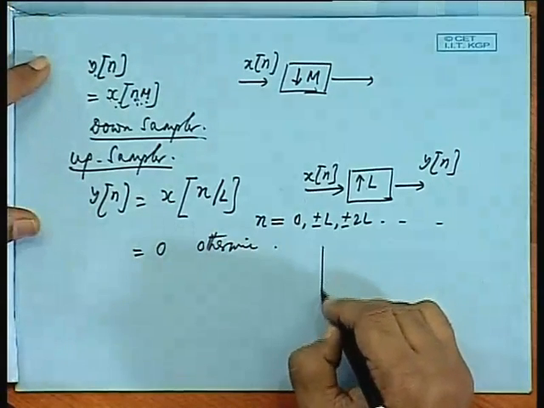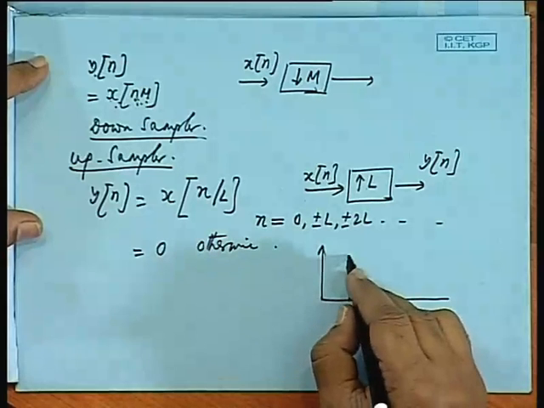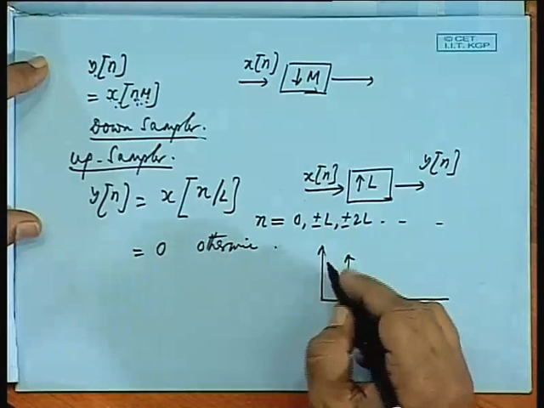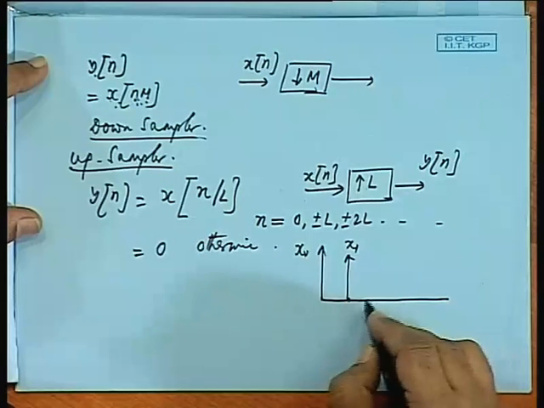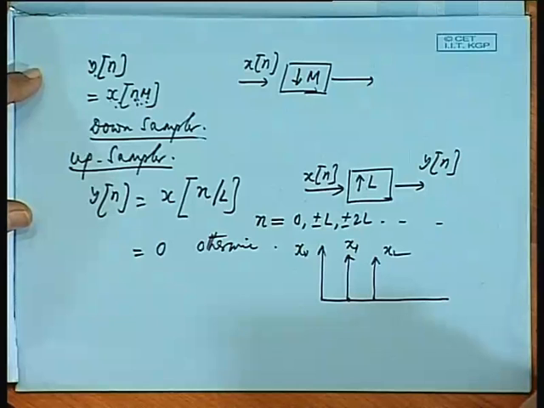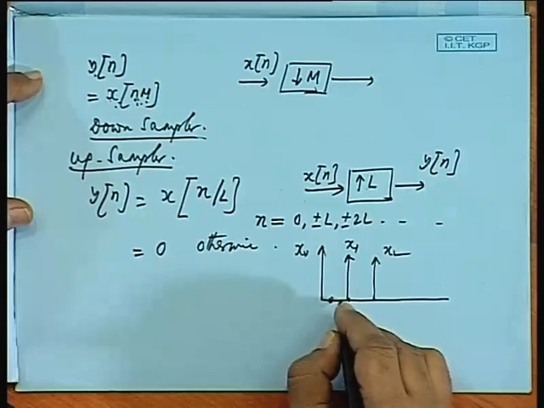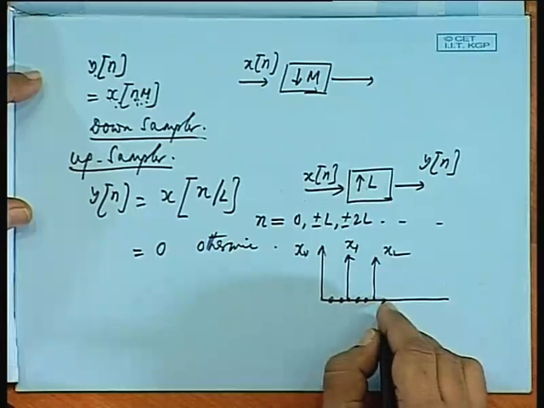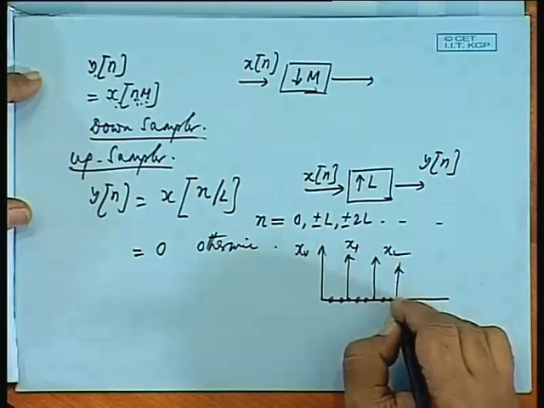That means, if this is your x0, x1, x2 and so on, then you are inserting zeros here and generating a new sequence.